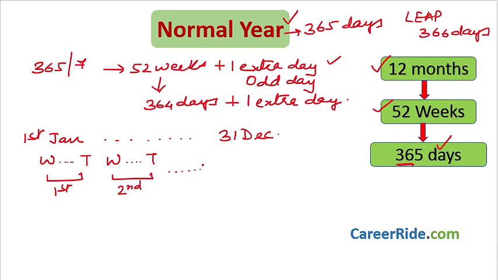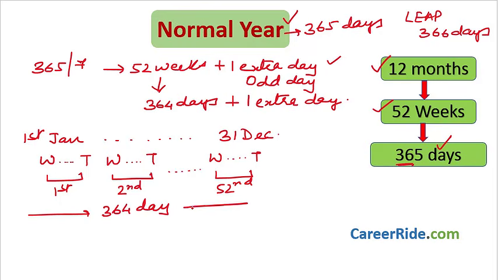Similarly, I'll keep going on, and this week, starting on Wednesday and ending on Tuesday, is where my 52nd week comes, right? And I know that this exhausts my 364 days.